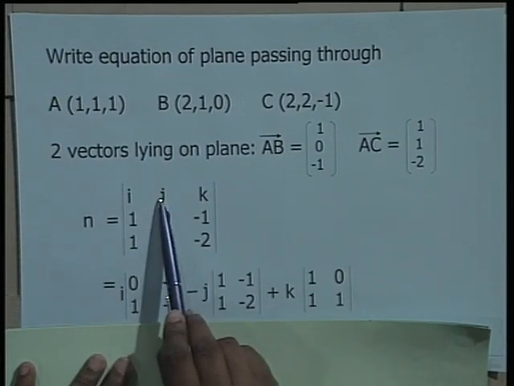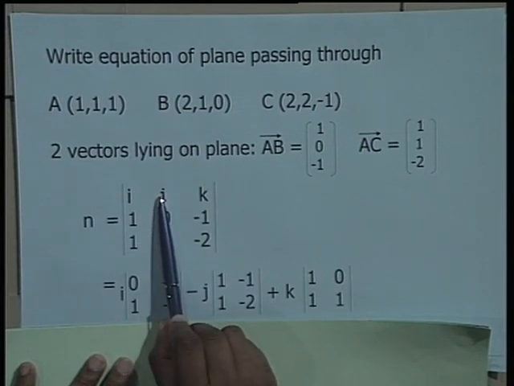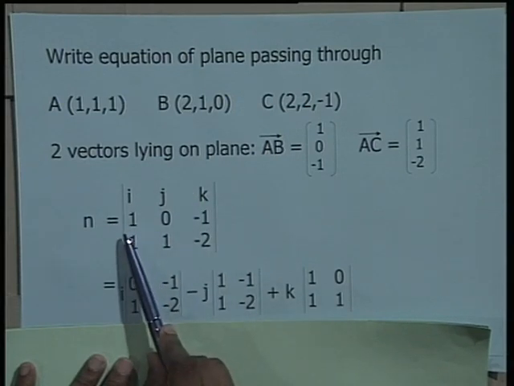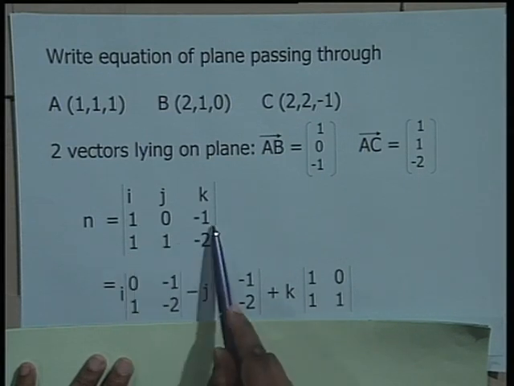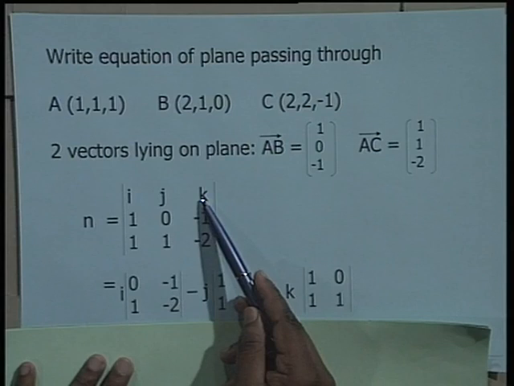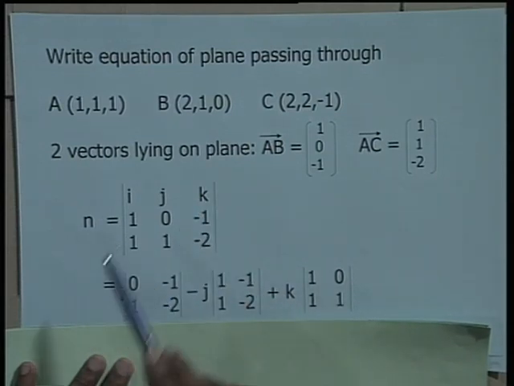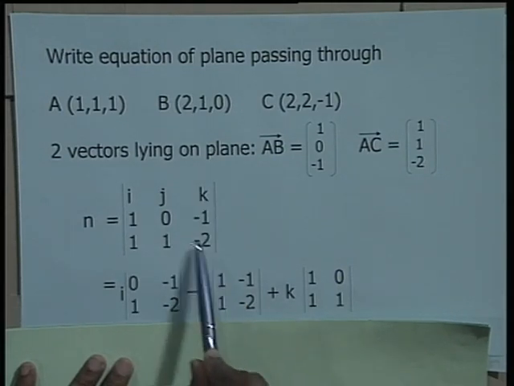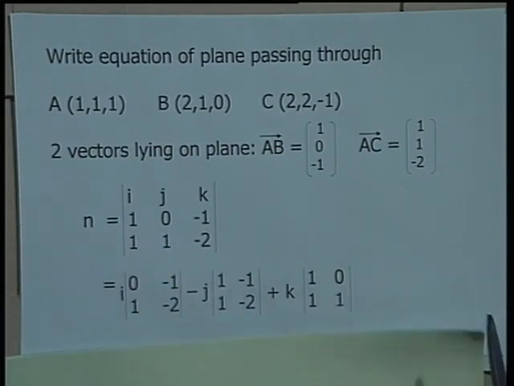Minus j times the determinant of the matrix obtained after deleting the second column and the first row. That is minus j times the determinant of 1, minus 1, 1, minus 2, plus k times the determinant of the 2 by 2 matrix obtained by deleting the first row and the third column. That is the determinant of 1, 0, 1, 1.